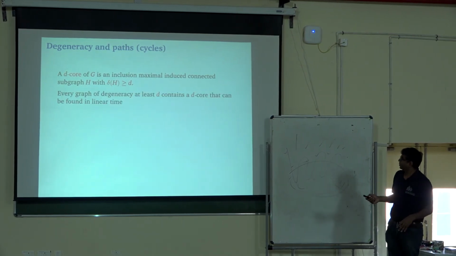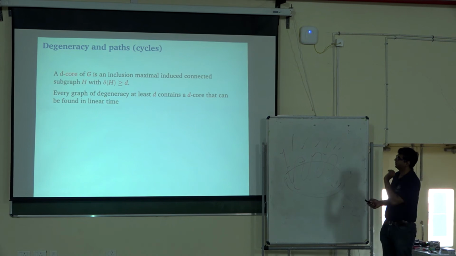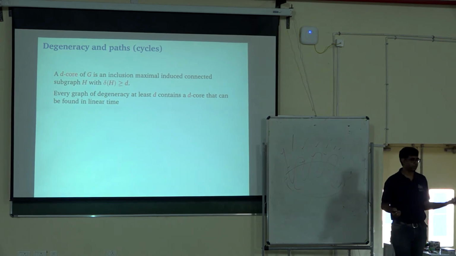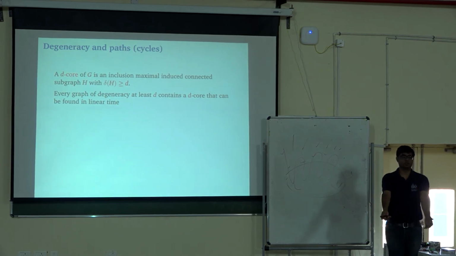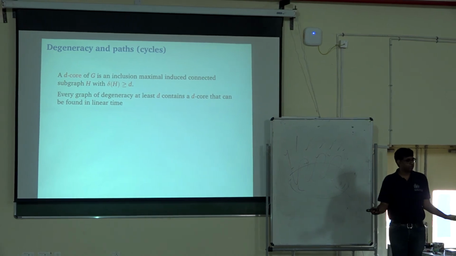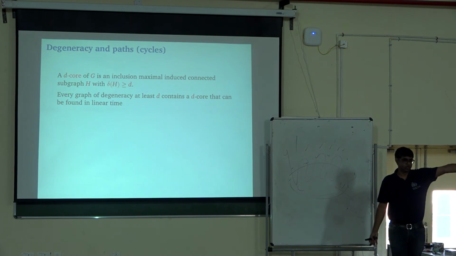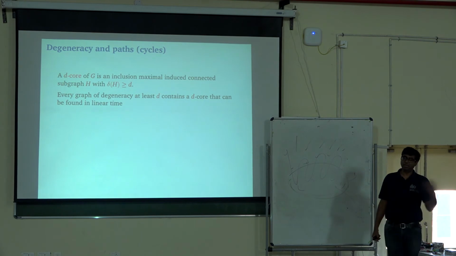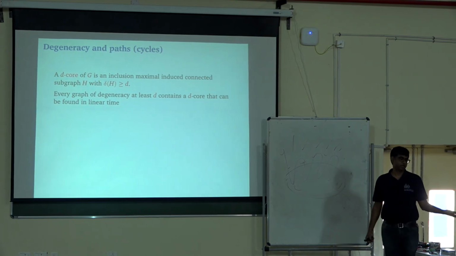And you can see that every graph of degeneracy at least D contains a D-core. It can be formed by applying the same greedy algorithm: you delete vertices, and eventually you cannot, because every vertex has degree at least D. Pick any connected component, and that acts as your core. A deleted vertex is anyway not part of your core, so it doesn't matter.